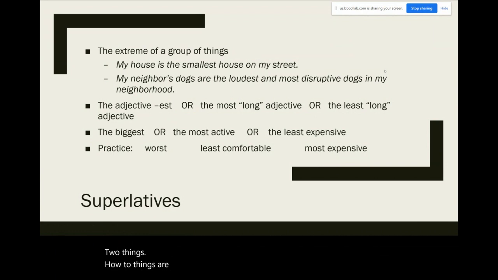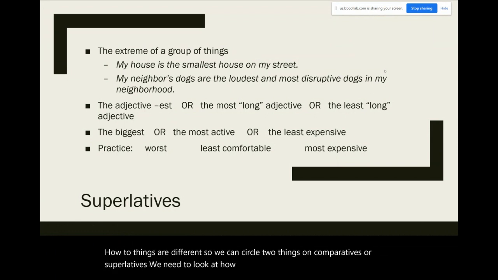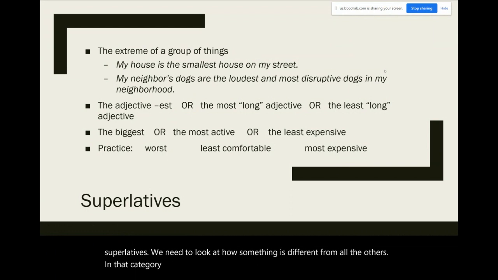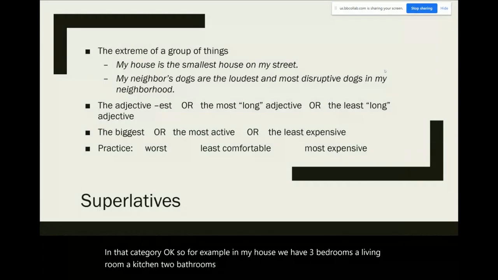For comparatives, remember we said two things, so we can circle two things on comparatives. For superlatives, we need to look at how something is different from all the others in that category. For example, in my house, we have 3 bedrooms, a living room, a kitchen, 2 bathrooms. So we've got 7 rooms.